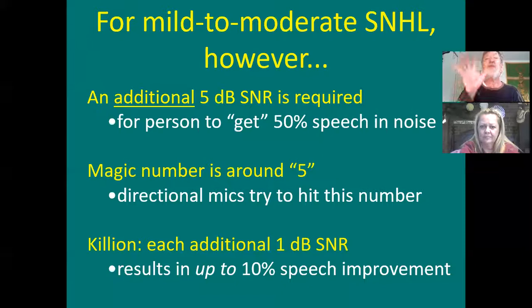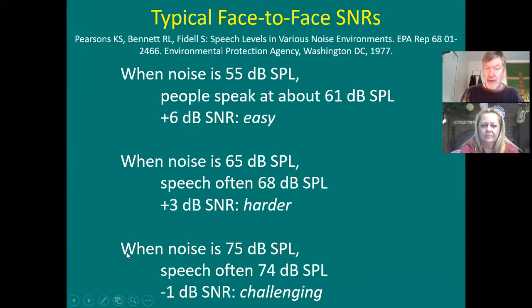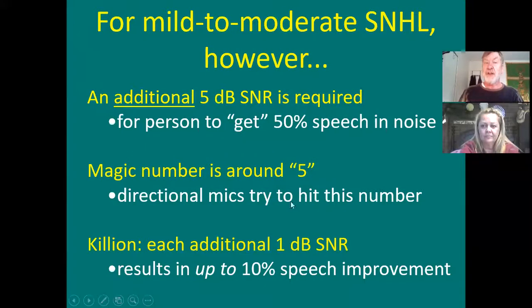You need a plus 5 dB signal-to-noise ratio to understand 50% of what I said. Whereas the normal hearing person could get by with this situation, the sensory neural person is screwed in that situation. That's why you have directional mics that try to increase the signal-to-noise ratio by 5. That's the target. That's what they're trying to hit.